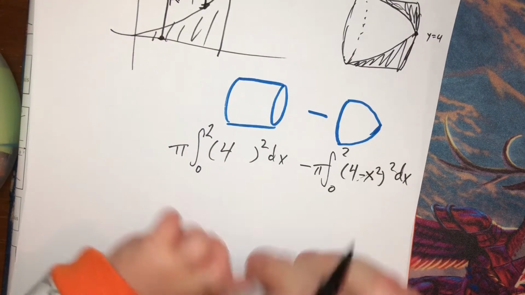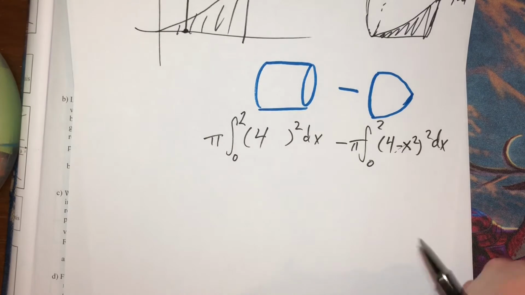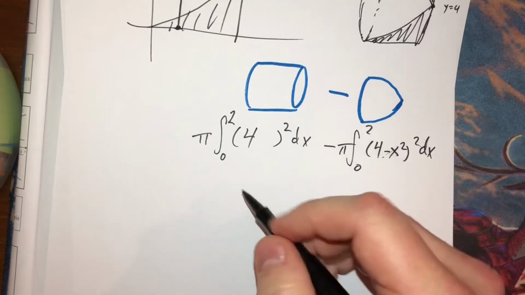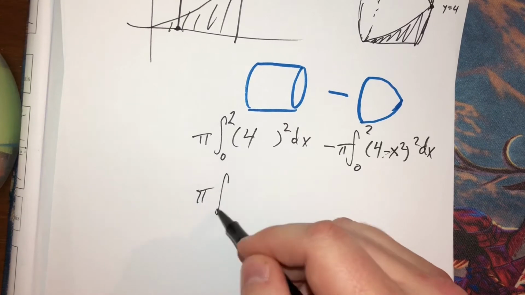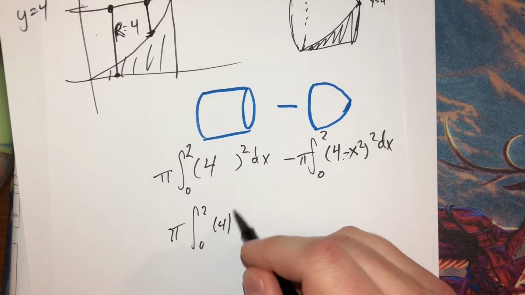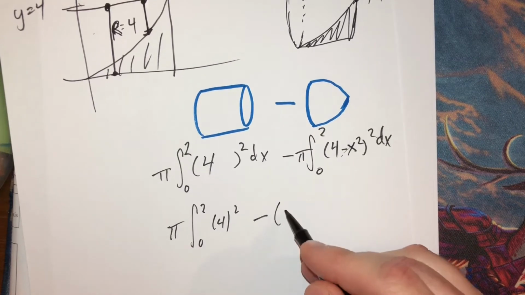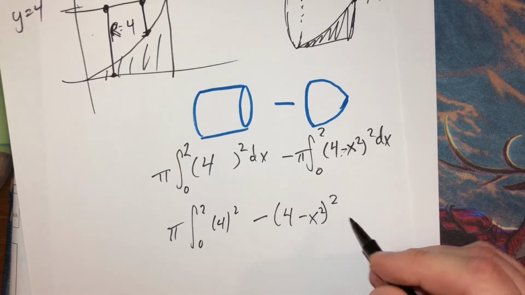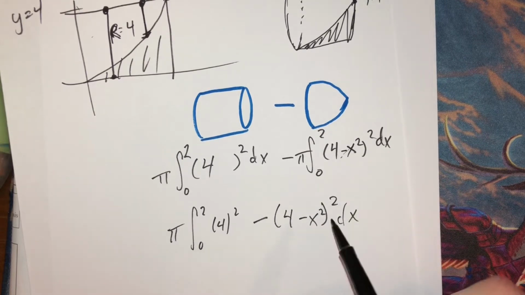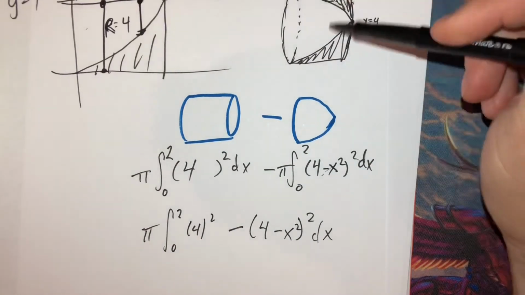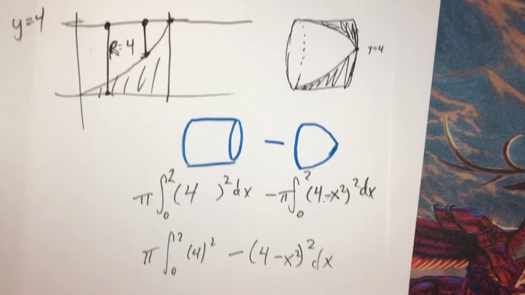You don't need to write two separate integrals if they have the same constant outside and their bounds match. We actually can write this as one integral from 0 to 2 of 4 squared minus (4 minus x squared) squared, dx. And this will give me this minus that, which is the volume that we actually care about.